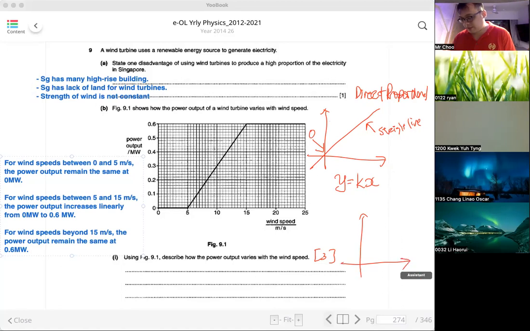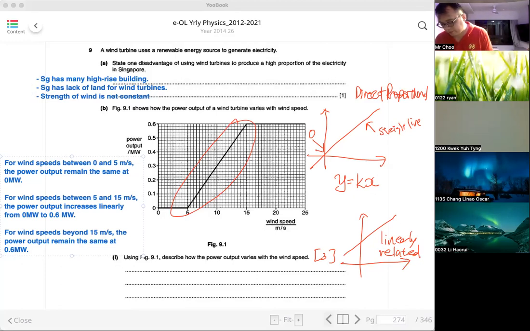If you have a straight line but it does not cut through 0, in this case, they are linearly related. Are you clear about the two differences? Linearly related, the formula is y equals kx plus c or mx plus c. When there's a plus c here, it's no longer directly proportional.